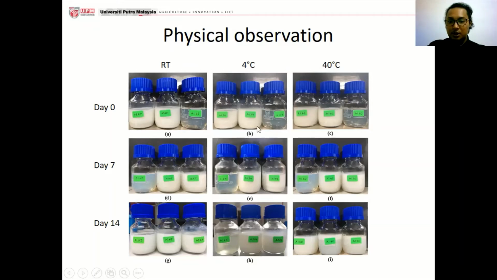Later, after I observed it until day 14, the A1 formulation had turned milky at room temperature and 40 degrees Celsius. However, at 4 degrees Celsius, it maintained its translucent appearance across all my formulations, and it is best to be kept at 4 degrees Celsius for 14 days.